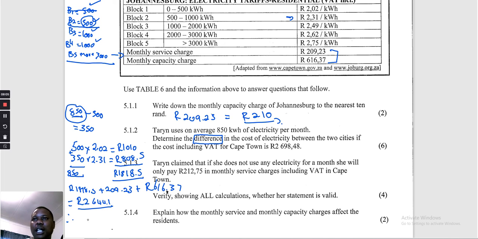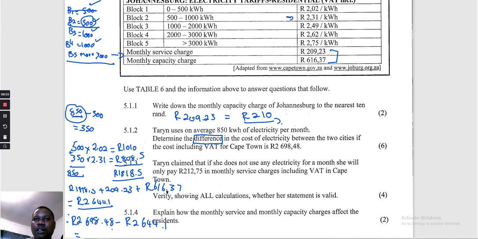They want the difference between Johannesburg and Cape Town. Therefore, what are we going to do? We're just going to say the difference is equal to R2,698,48 minus 2,644,1.